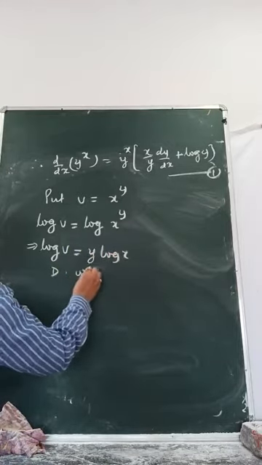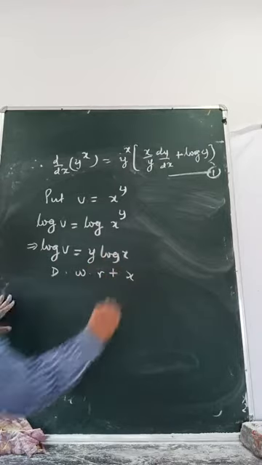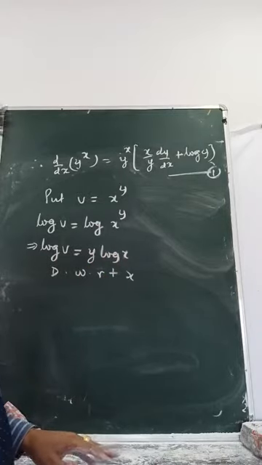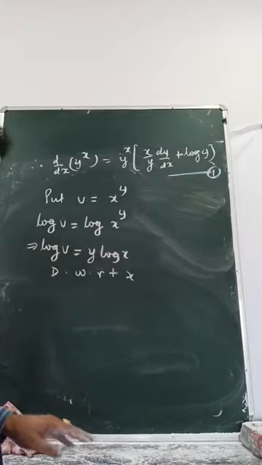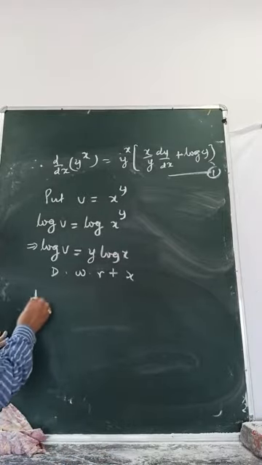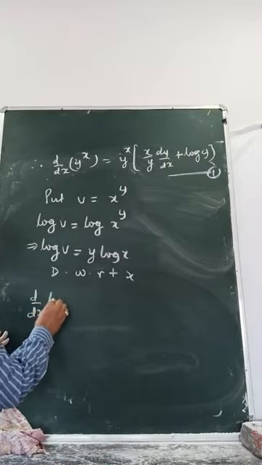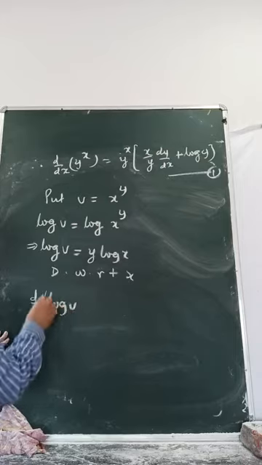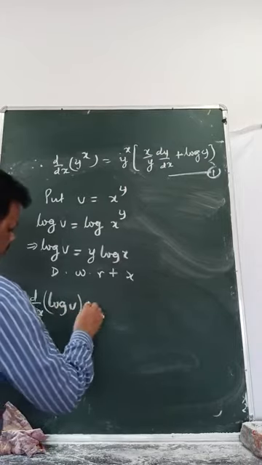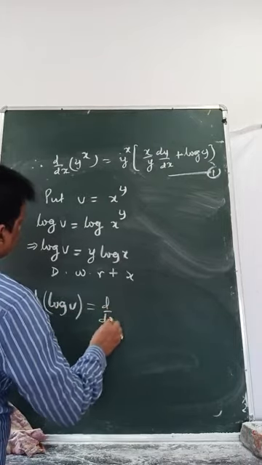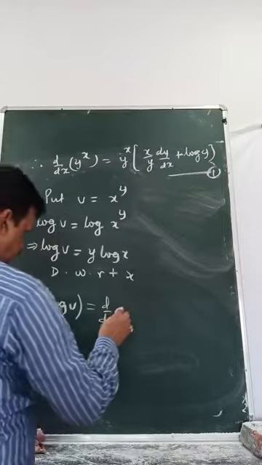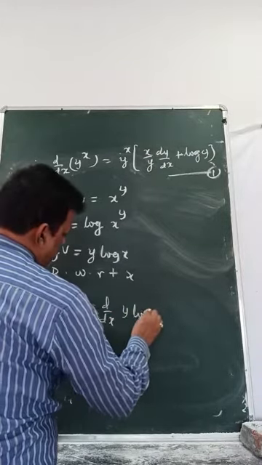Differentiating with respect to x, we'll get ddx of log v equals ddx of y log x.